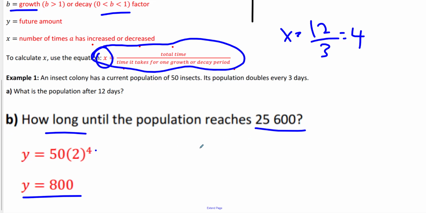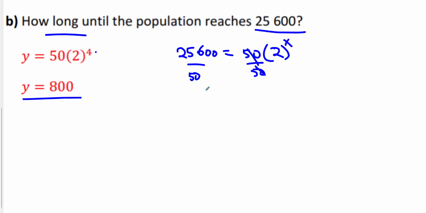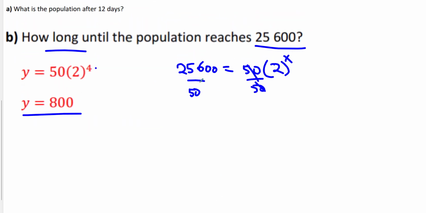Y is 25,600, right? So 25,600 is equal to A, which is still 50, times B, which is still 2, to the power of x, and we're solving for x. The first thing you gotta do is divide both sides by 50. So we do that. And what is 25,600 divided by 50? Do you know? 512. All right, and that's equal to 2 to the power of x.